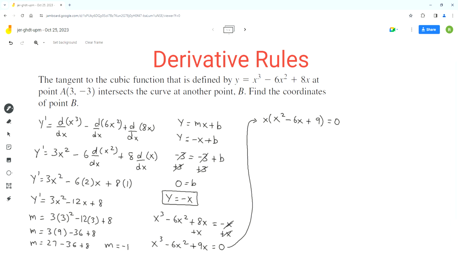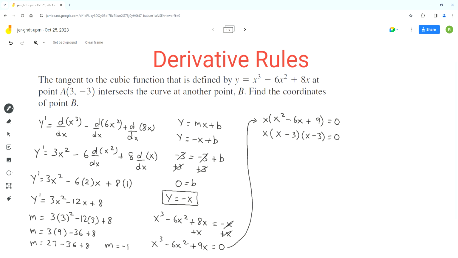So we can use the sum and the product rule to factor it. We have to find two numbers that add to negative 6 and multiply to 9. So the numbers are negative 3 and negative 3. So the factored form for this trinomial will be (x minus 3)(x minus 3) equals 0.